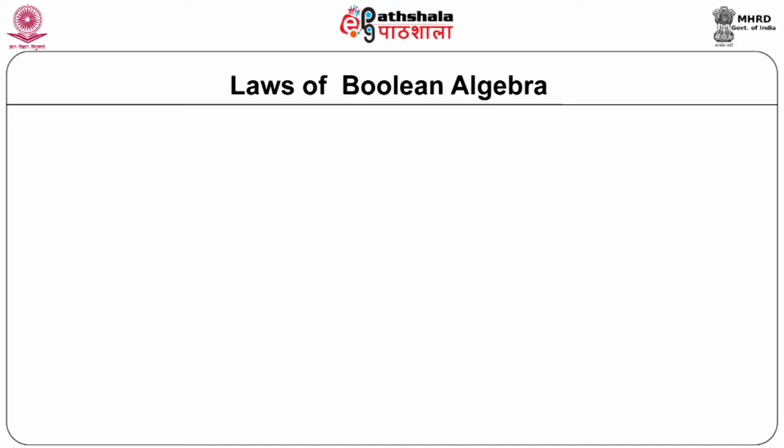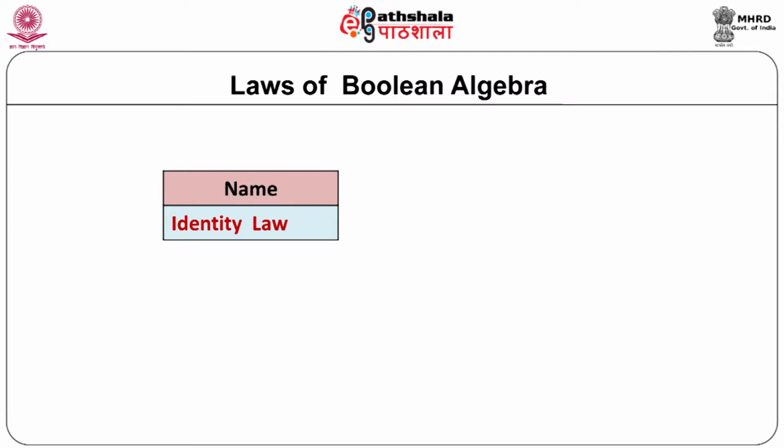Let us start with identity law in both product and sum form. Law 1, A and 1 is equal to A, that is a variable ANDed with 1 is equal to the variable itself. Since Boolean algebra has only 2 elements, we can now show the validity of these theorems by using truth tables.